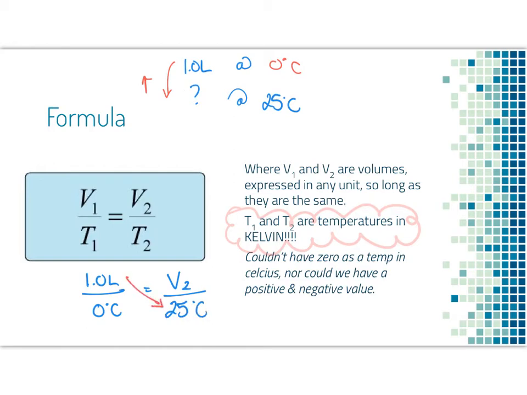Cross multiply, we have 1 times 25, and divide by 0. Try and divide by 0, it's undefined. It cannot divide by 0, so we have an error. So the fact that we have negative values and we have zeros in our Celsius scale are a problem. So this is why we needed Kelvin.